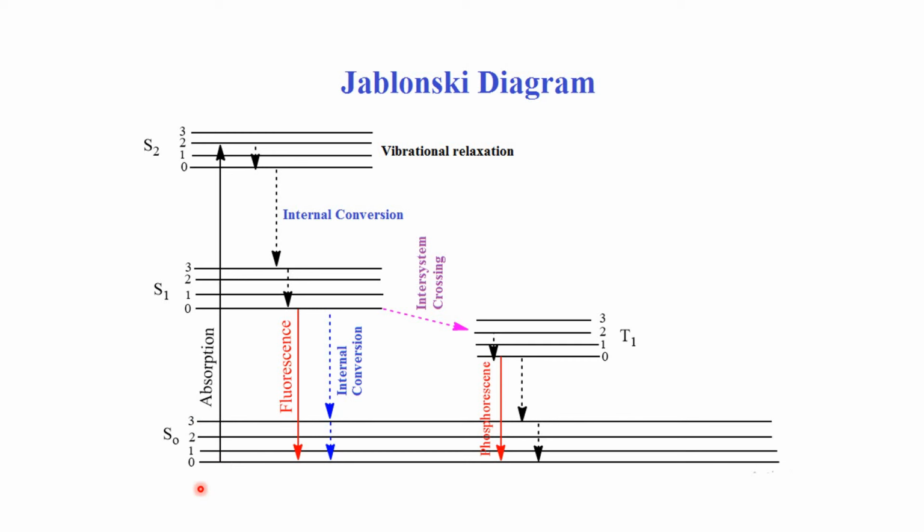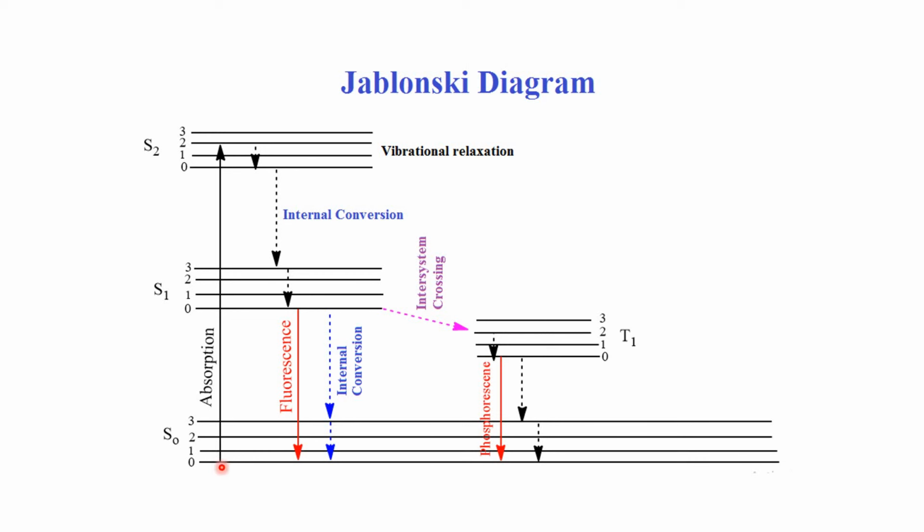So, in S0 also, there will be a number of vibrational energy levels, and the lowest one is known as the zero vibrational energy level. Like that, higher electronic states, S1, S2, also have a number of vibrational energy levels within this electronic energy level. Similarly, for the triplet state also, there are a number of vibrational energy levels within this electronic energy level.